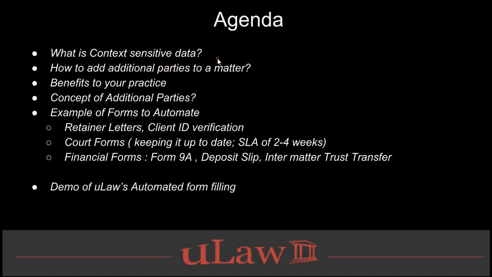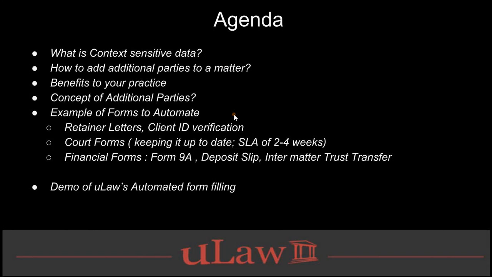This could be an opposing party. This could be the representative of the opposing party. This could be the context of joint retainership. So there's many different individuals or contacts or people information that you need to store so that you can repurpose that information across files, right? So that's one piece of information.